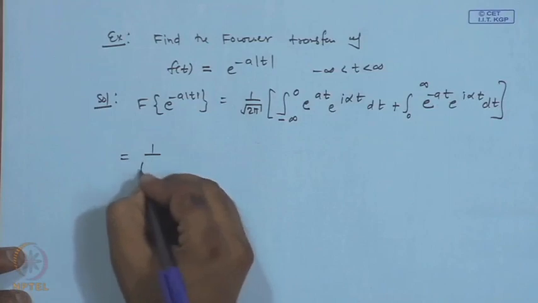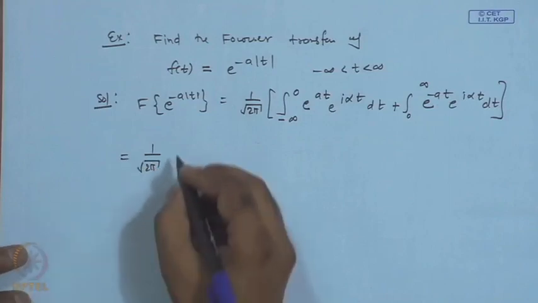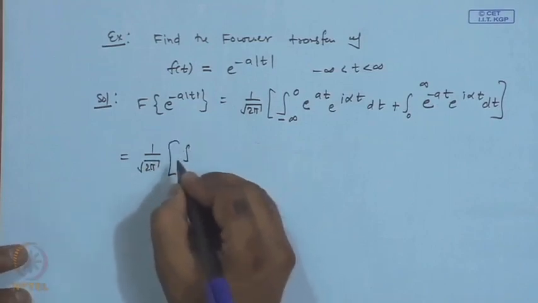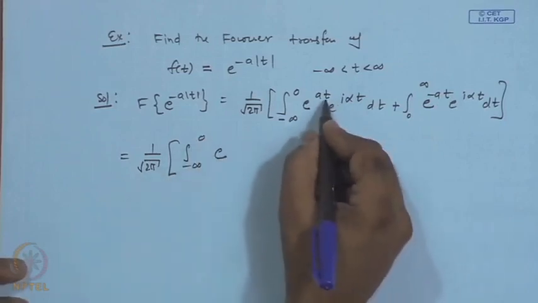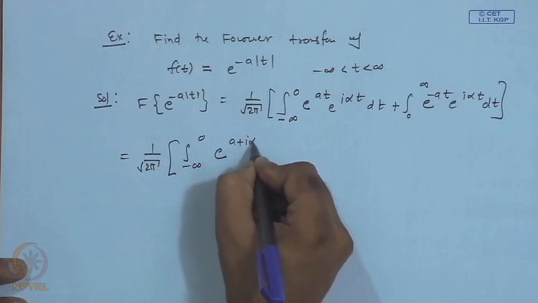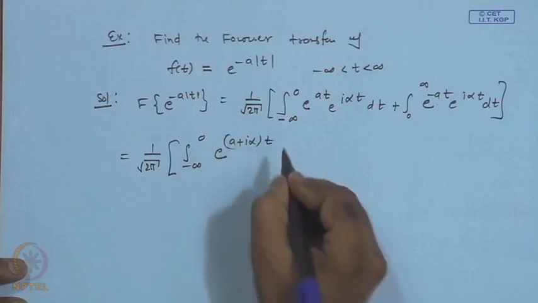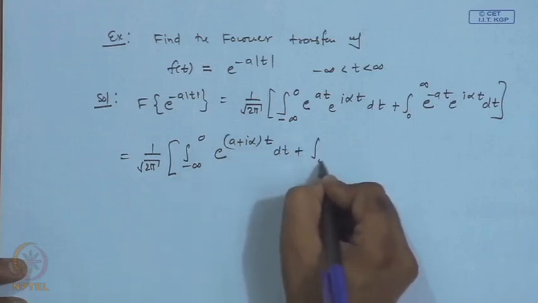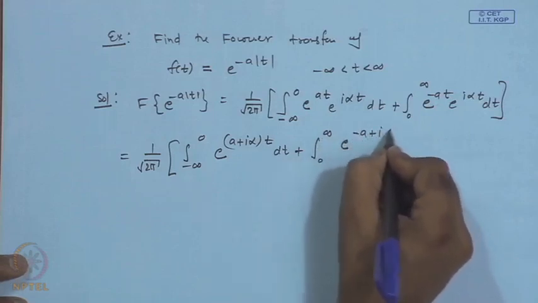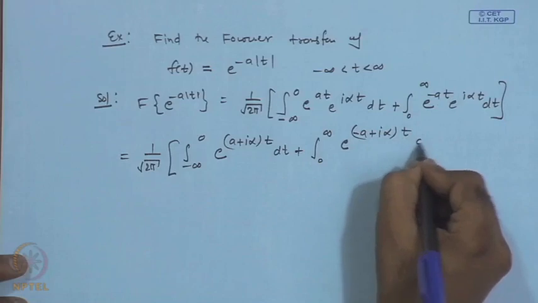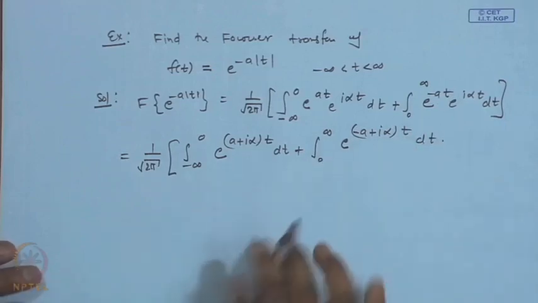So what we have is 1 over square root 2 pi, and again I can just write this. So it's e power (a plus i alpha) t dt, plus 0 to infinity e power minus (a plus i alpha) t dt.